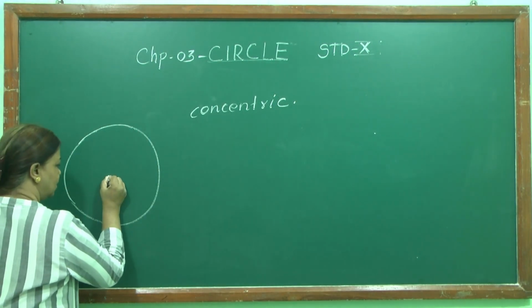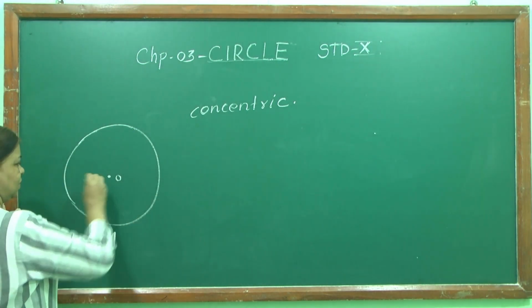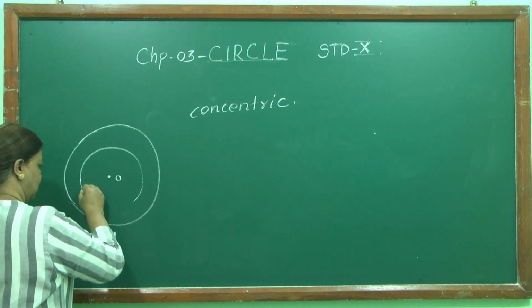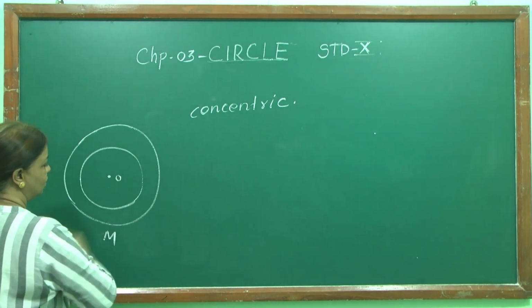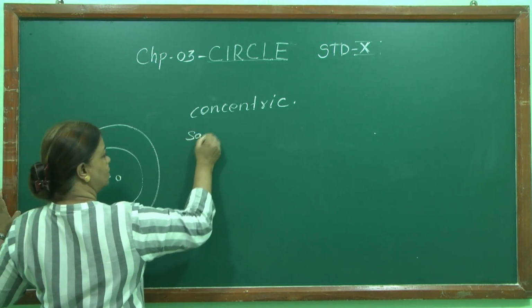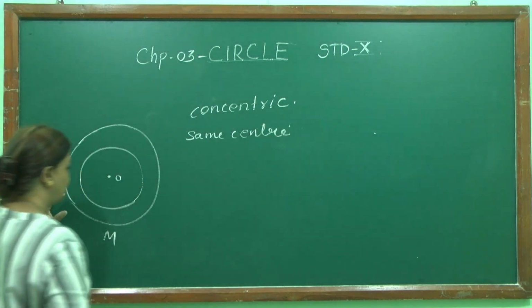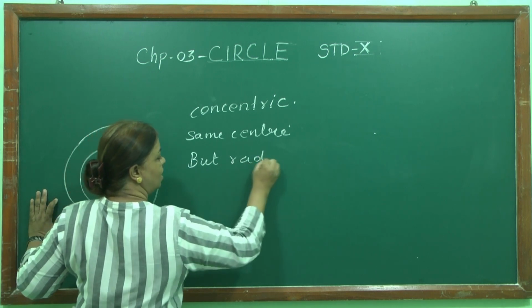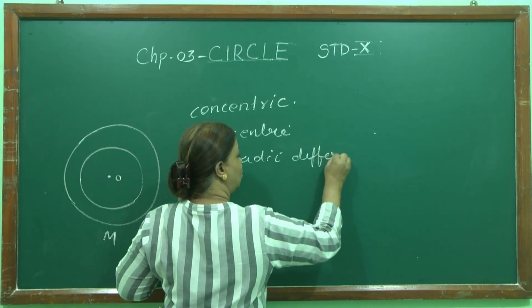Concentric circles. Now see here, this is the center O. There is one circle. Now if I draw one more circle, there are two circles with the same center. Center is same but radii are different. Why did I write radii?